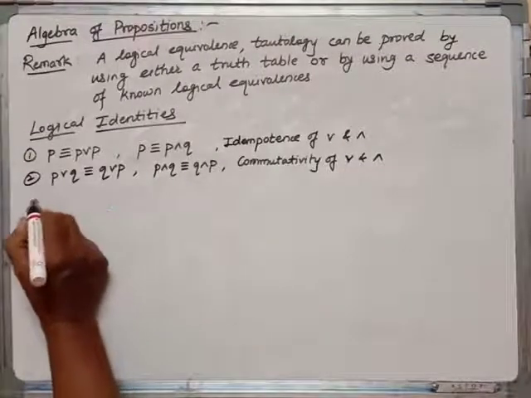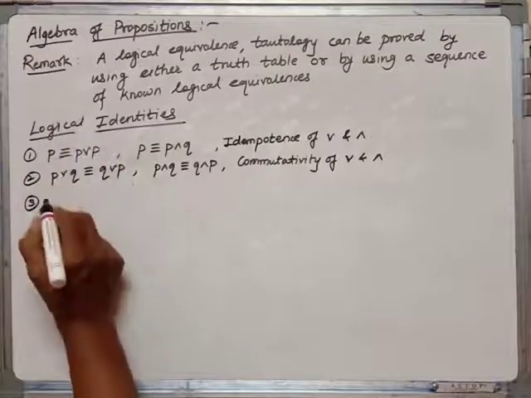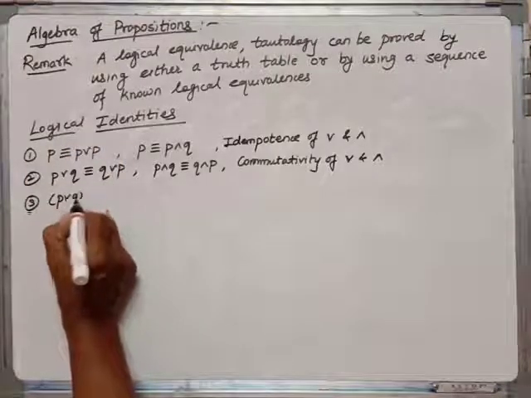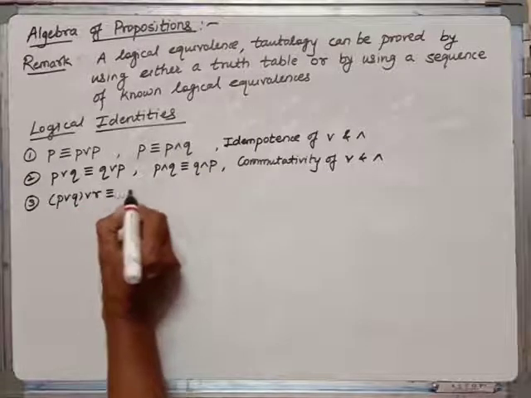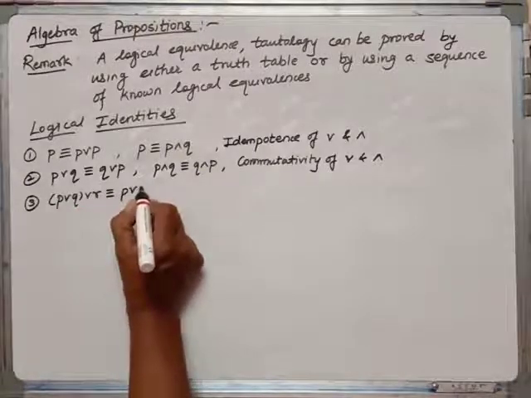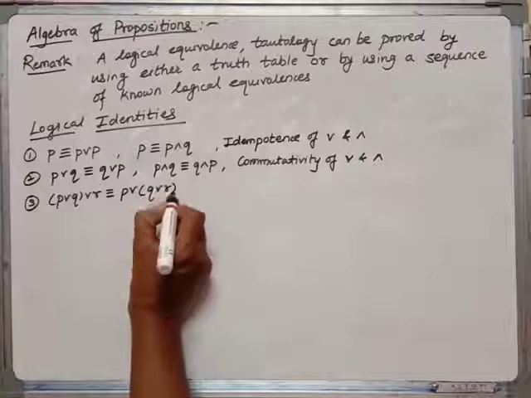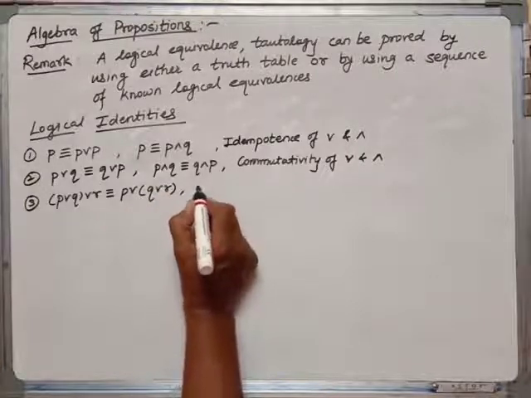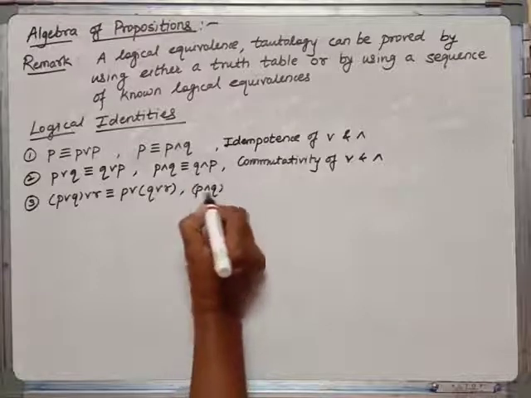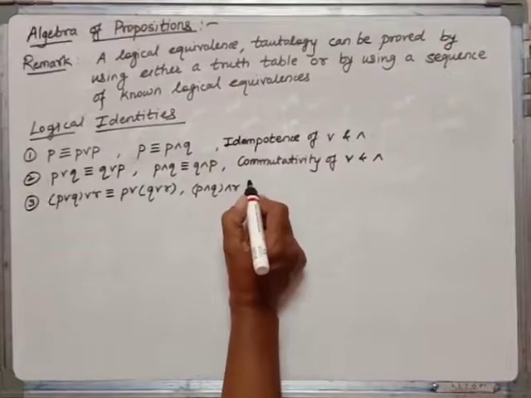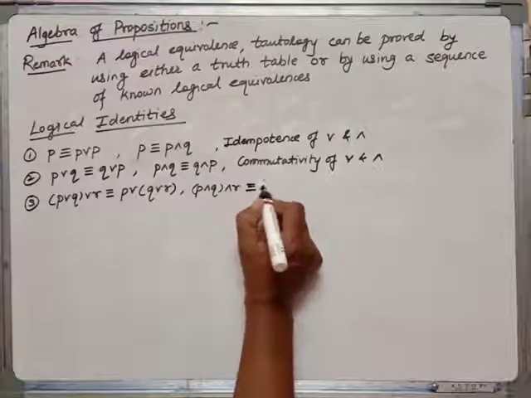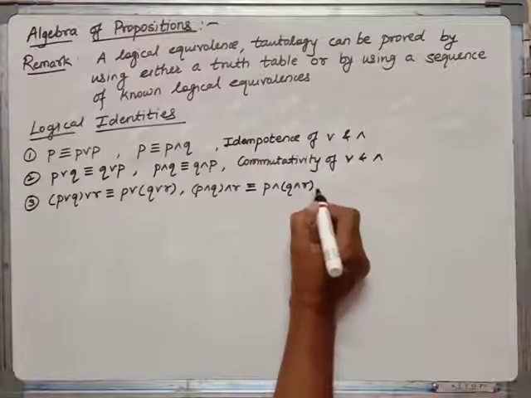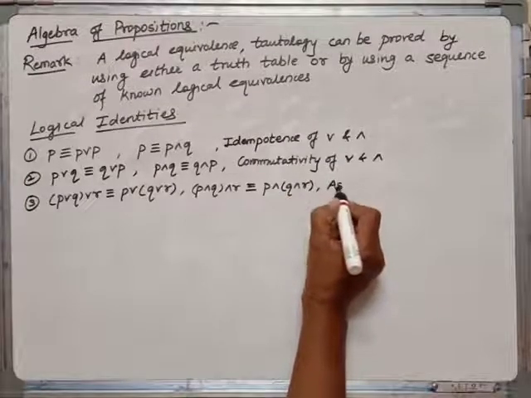Again, third, that just we have proved, associativity. So P or Q or R is equivalent to P or Q or R, and also P and Q and R is equivalent to P and Q and R. This is associativity.